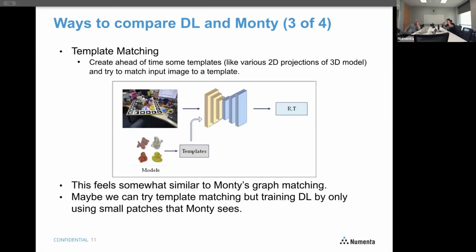For example, the models might not have colors on them, so it will still need to learn to minimize the loss function, whether it's a structure loss or whatever, to say this 2D image matches this point of view of a 3D model.